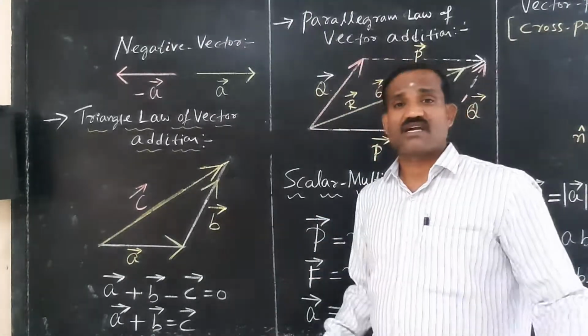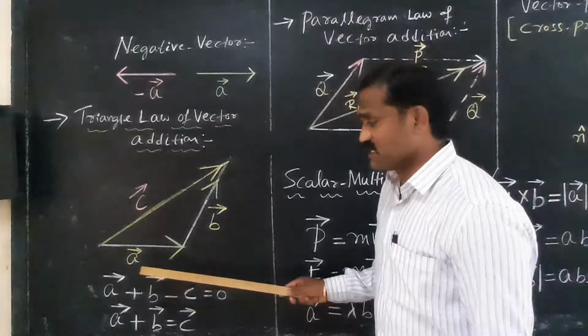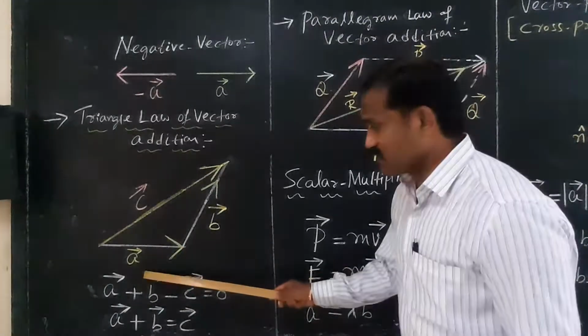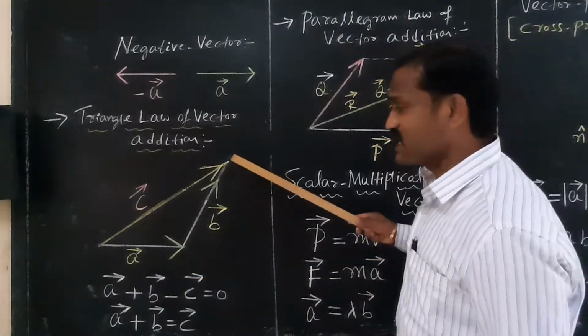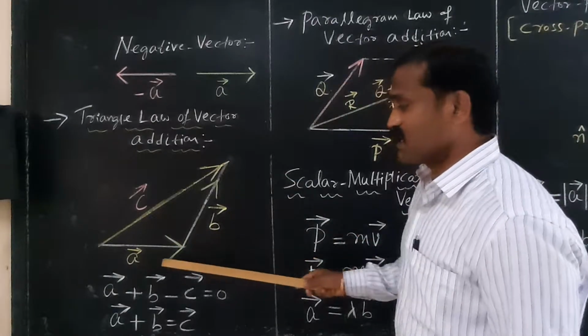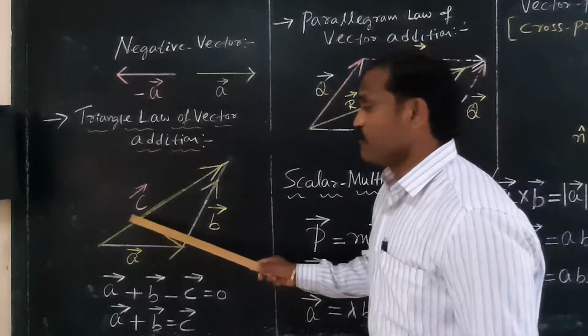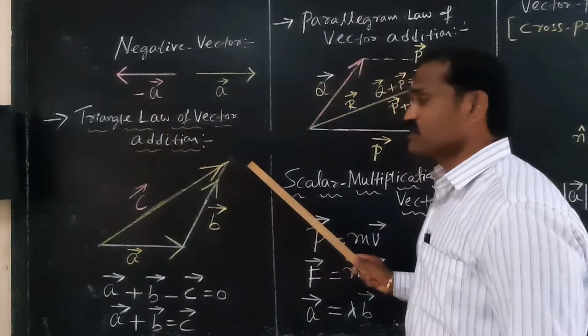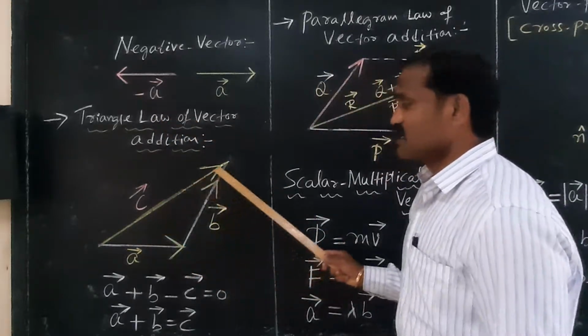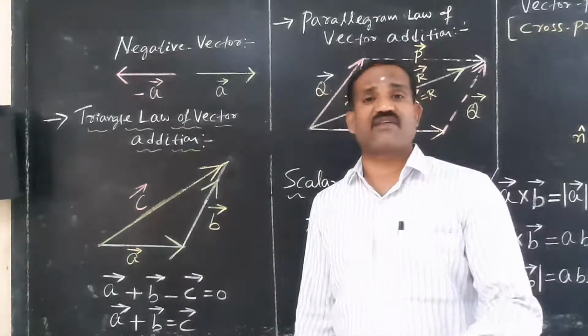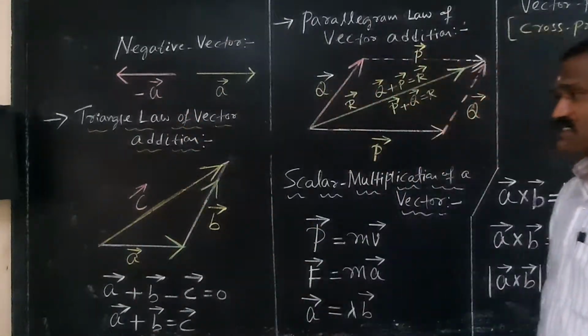See here, vector A and vector B are taken along the anti-clockwise direction, along the two adjacent sides of a triangle. Vector C is taken in the opposite direction, along the closing side of the triangle. Please copy the things.